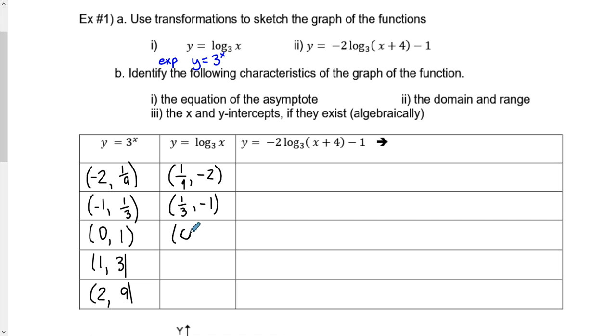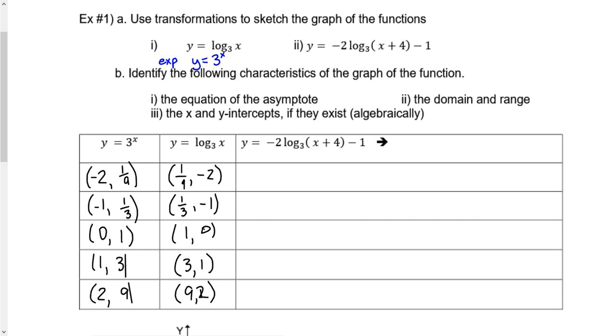And we continue. Oh, sorry. That should be 1, 0. Then 3, 1, 9, 2. So the points for the logarithmic graph would just be this.